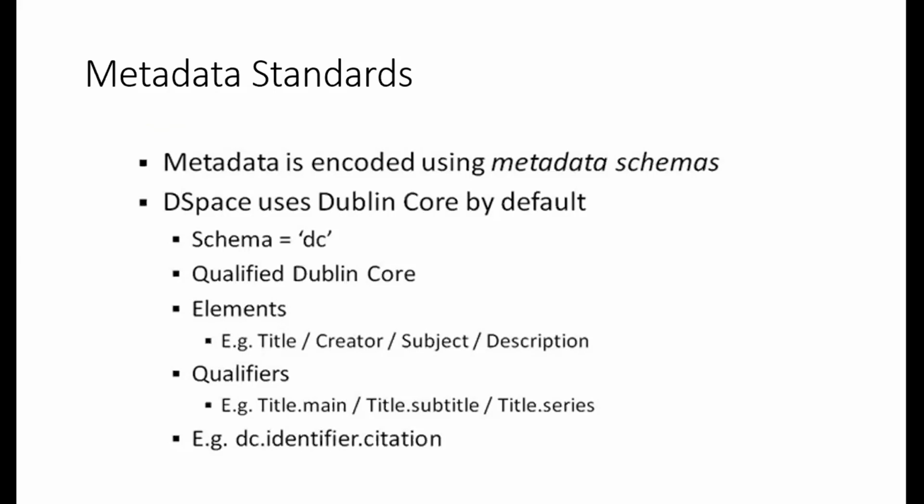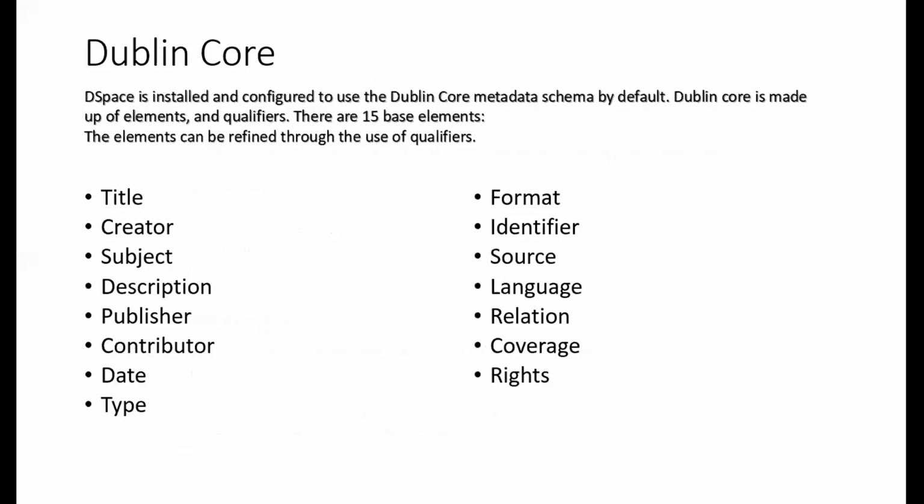These qualifiers are common bibliographic lingo that are attached to refine the different elements to enable better description. So you'll have the Dublin Core with 15 major elements, and then you will have various qualifiers that will always be attached to those to define the metadata much further.